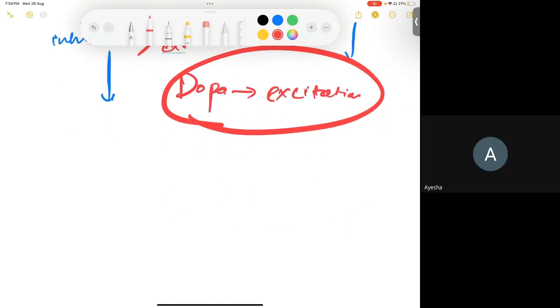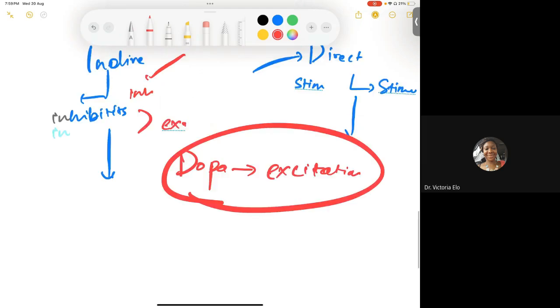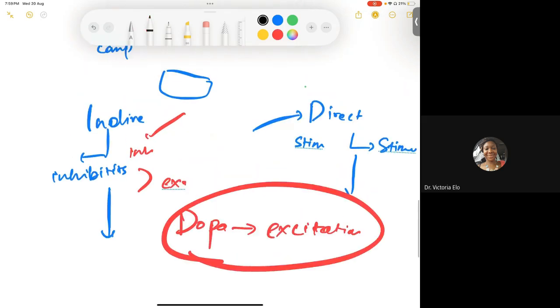Any questions? Yes, if the indirect pathway is inhibitory, and you're saying that dopamine is going to cause excitation on both pathways, how does that work? Because you said the direct pathway is stimulatory.